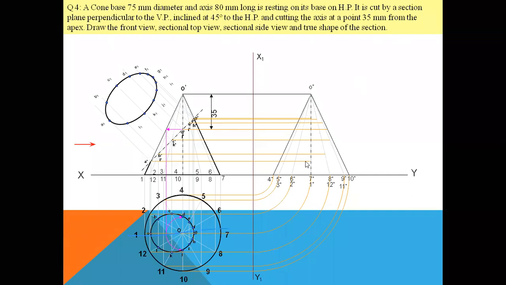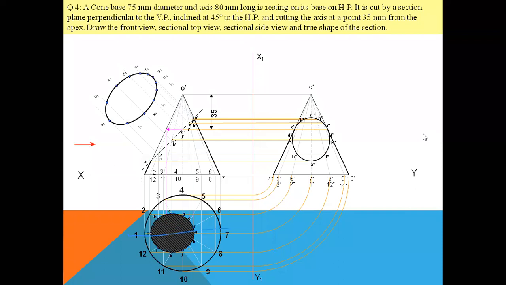Similarly, B dash will move to some side, right? Which side? Again, you follow the same process as we have done in the previous case. So this is how we are going to get all the points. And now if you mark all the points and join them, you will get the exact shape. After you complete the drawing, you complete the hatching and you will get the exact diagram. So this is your complete drawing.